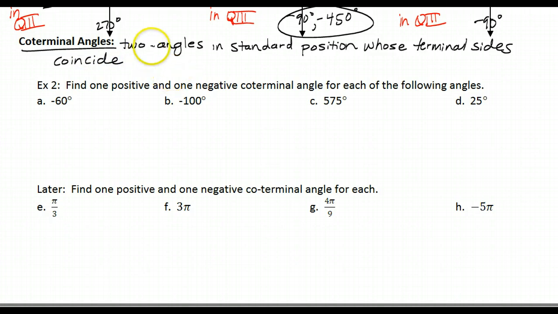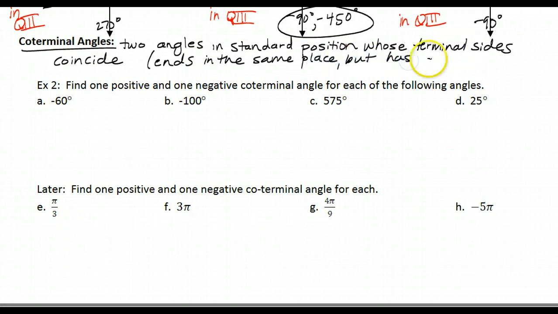So in regular terms, your angle ends in the same spot but has a different measurement, potentially. Actually, if it is the exact same angle, it is also considered coterminal. But it ends in the same place, has a different measurement, potentially. And to do this, we add and subtract rotations.